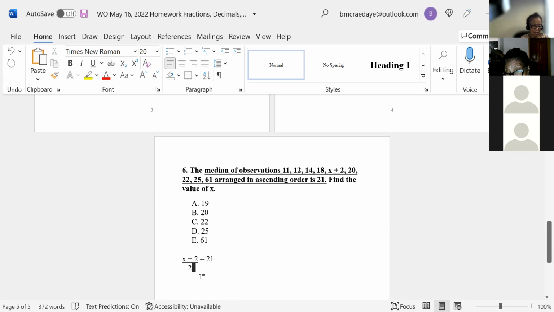No. If you wanted to solve this for x, what would you do first? You said negative 2. No, what's the operation you'll do first? You're solving for x. Oh, so you said x minus 2? x plus 2 divided by 2.